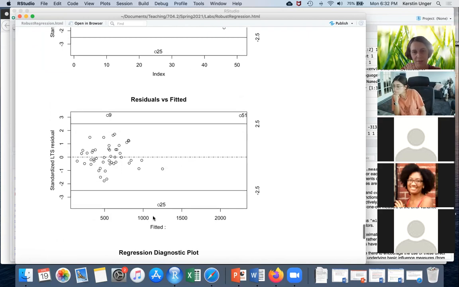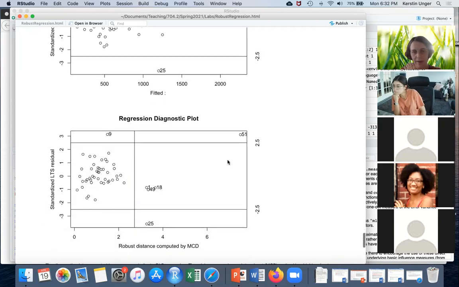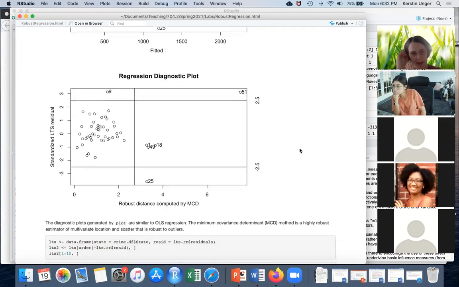You have a residuals versus fitted plot that also highlights the same three problematic cases. And this here is the standardized LTS residual from your LTS regression. And this is a robust distance measure. So it's a distance measure that is not influenced by outliers, right?